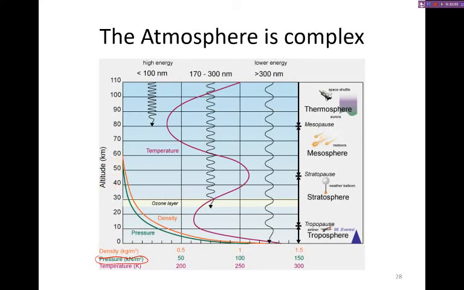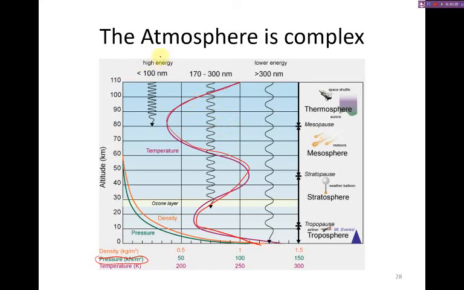The higher the altitude, the lower the pressure. We see that temperature fluctuates over the height of the atmosphere, with an oscillating pattern where it gets colder and then hotter and then colder and then hotter again. And the density of air also tends to trend with the pressure.